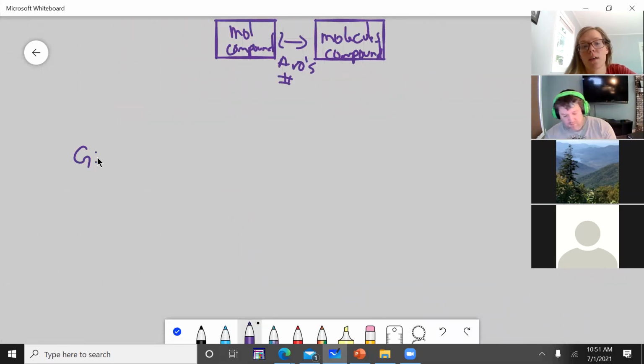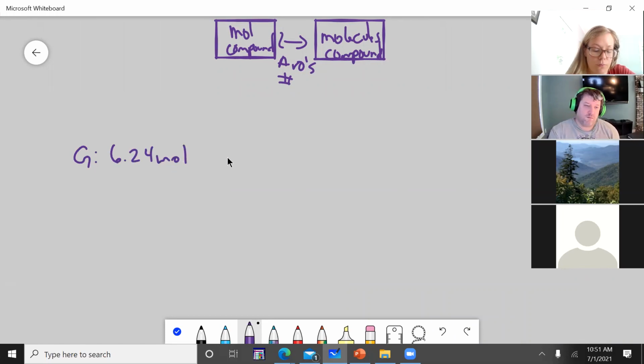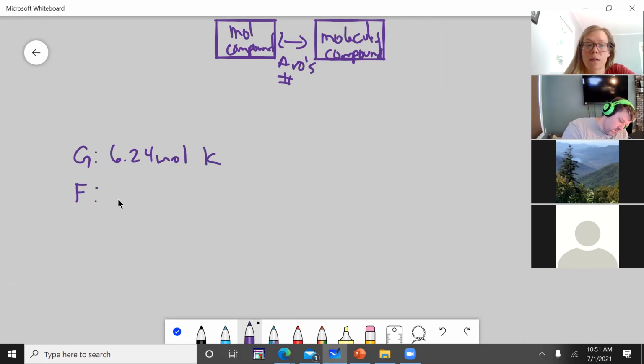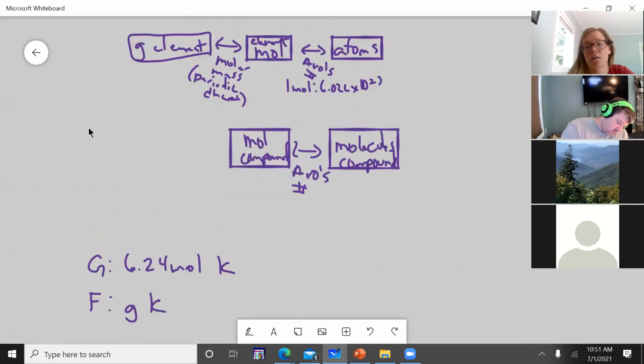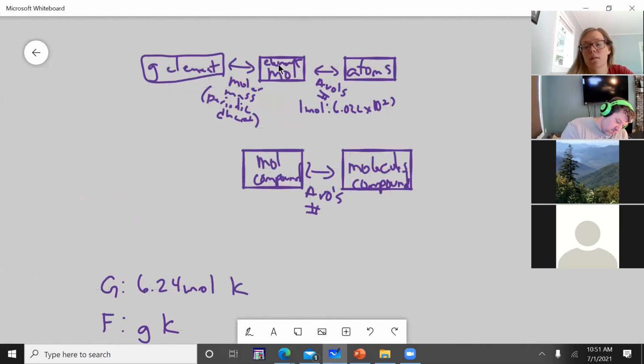So let's say that we're given that we have 6.24 moles of potassium. And I want to find grams of potassium. So looking at our flow chart here, we're starting at moles and we want to go into grams.